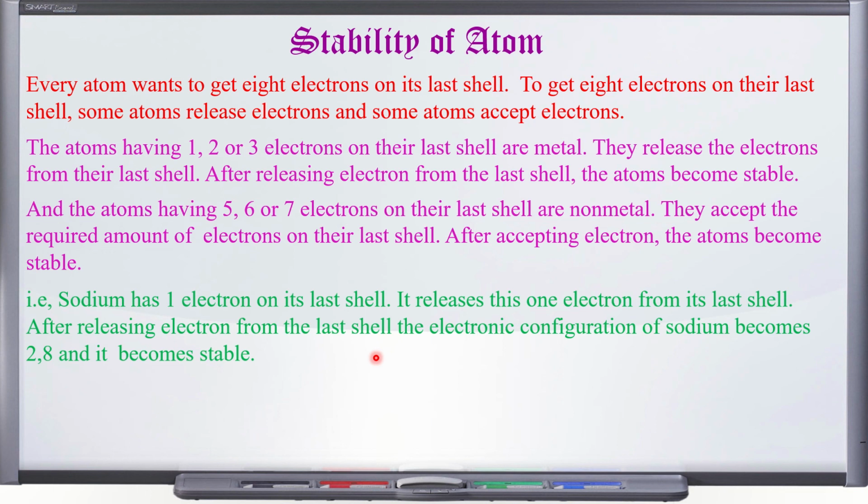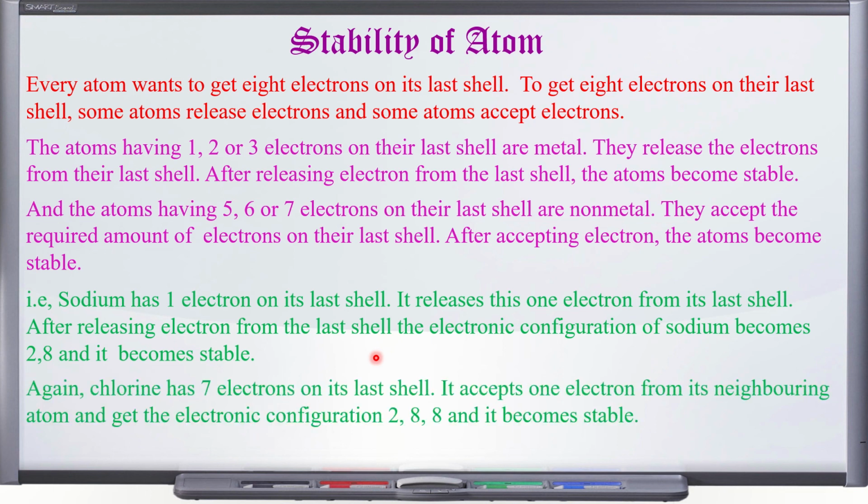That means it will become stable. In the same way, chlorine. Chlorine has 7 electrons on its last shell, because the electronic configuration of chlorine is 2, 8, 7. So if chlorine accepts 1 electron on its last shell, then the electronic configuration of chlorine will become 2, 8, 8 and it will also become stable.